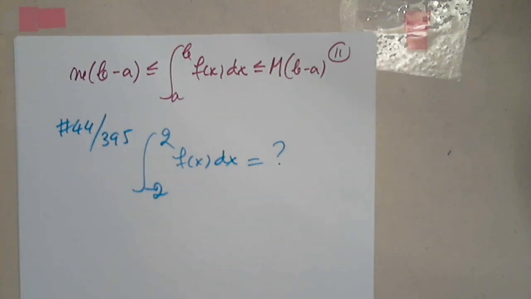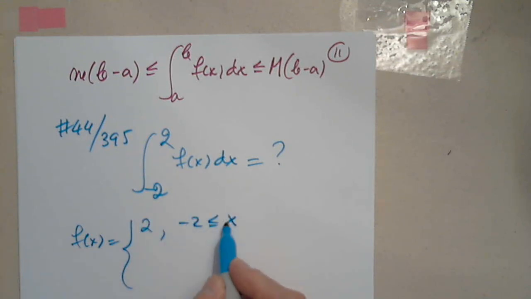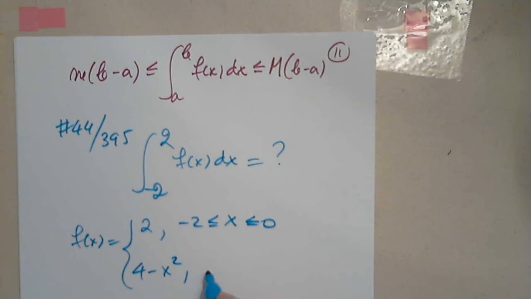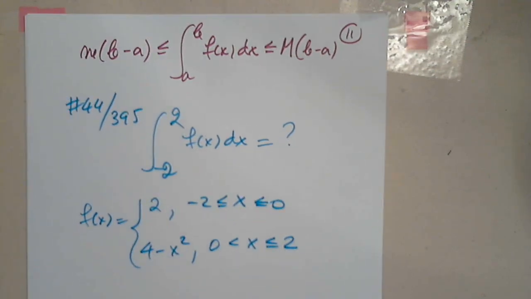And they're giving us f of x as 2 when x is between negative 2 and 0, and 4 minus x squared when x is between 0 and 2. So, any suggestions for me? How do we determine this integral?